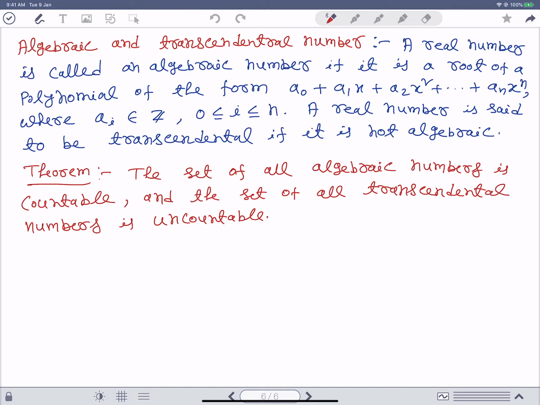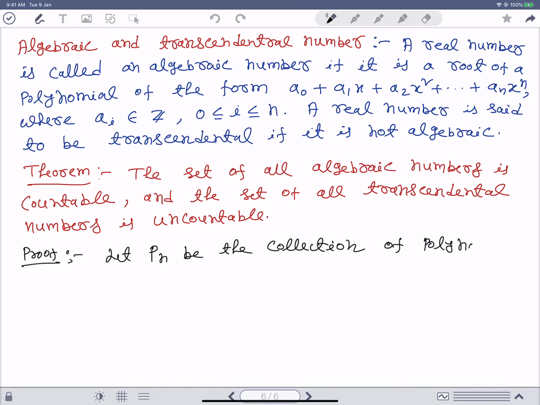Okay, so here is the proof. First of all, we assume that Pn is the collection of polynomials of degree at most n.